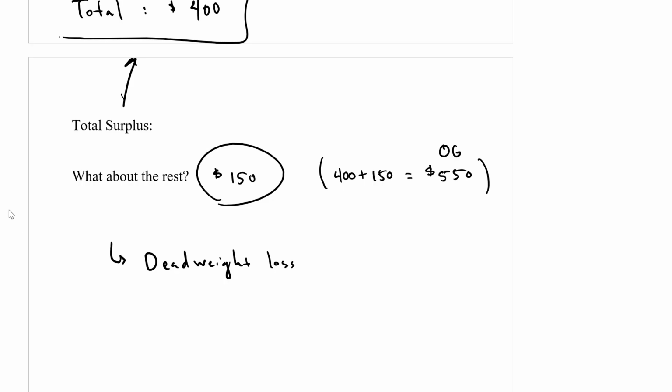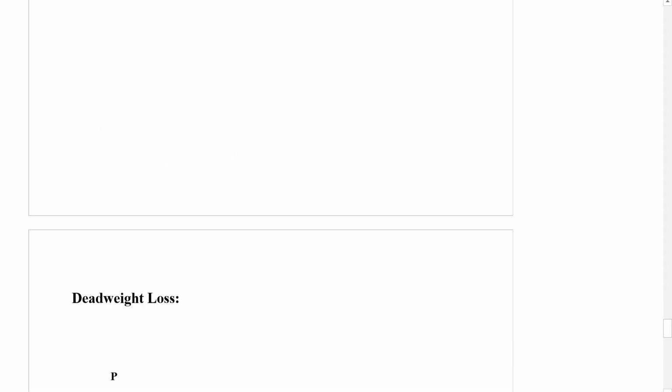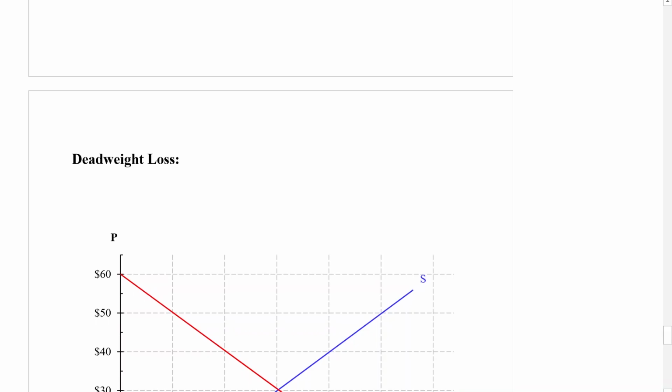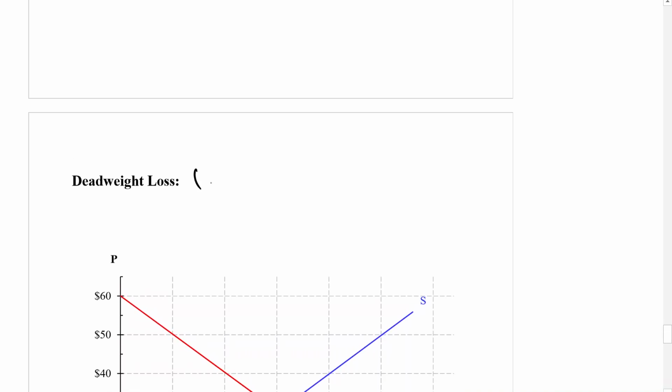deadweight loss. Deadweight loss, which we abbreviate DWL, is the fall in total surplus that results from a market distortion.